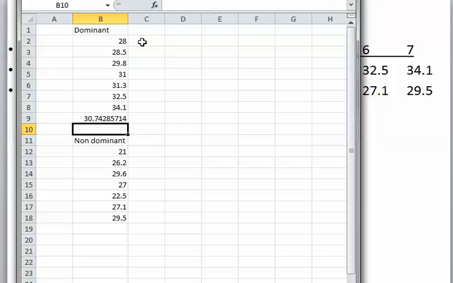So that's all of them added together and divided by the number, which is 7, and then I need to do each time the mean minus this value. So this is equal to, that's the mean, minus the value itself.